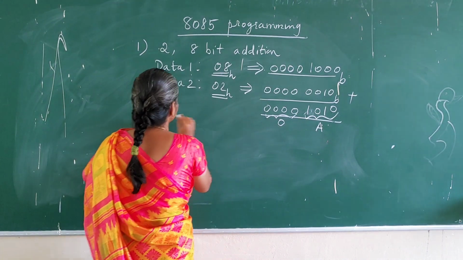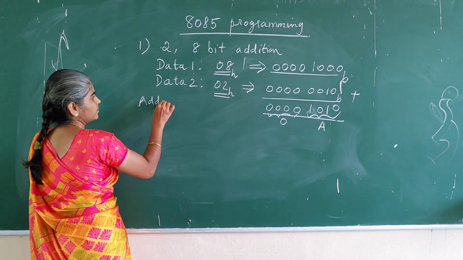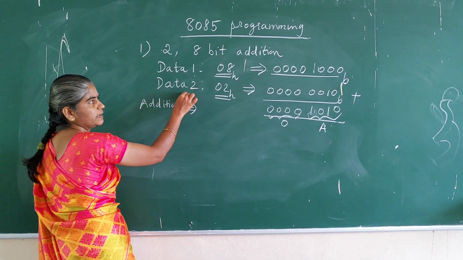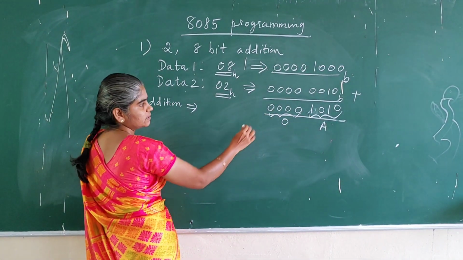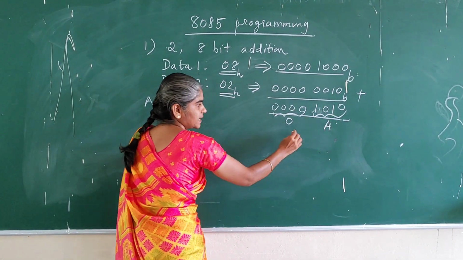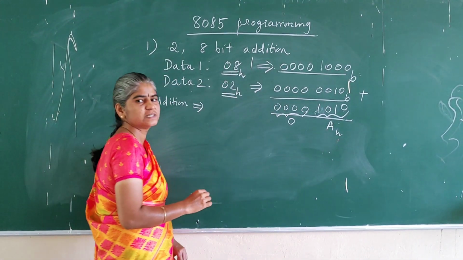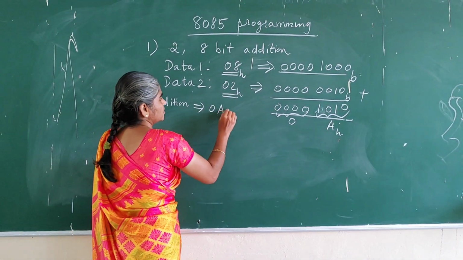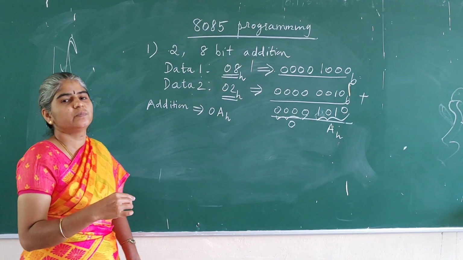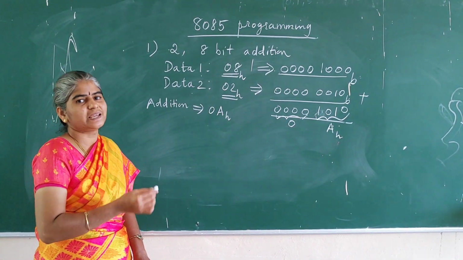So our result after the addition of data 1 and data 2 will be 00001010, and the corresponding answer in hexadecimal is 0AH. This is the concept for performing addition operation in 8085.